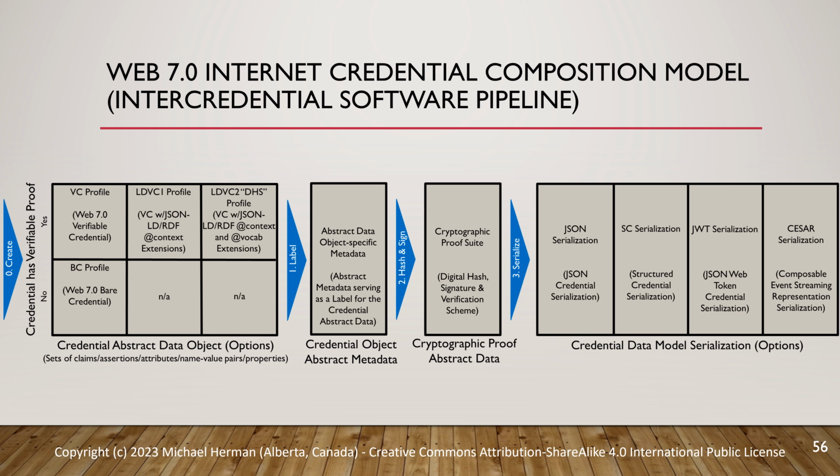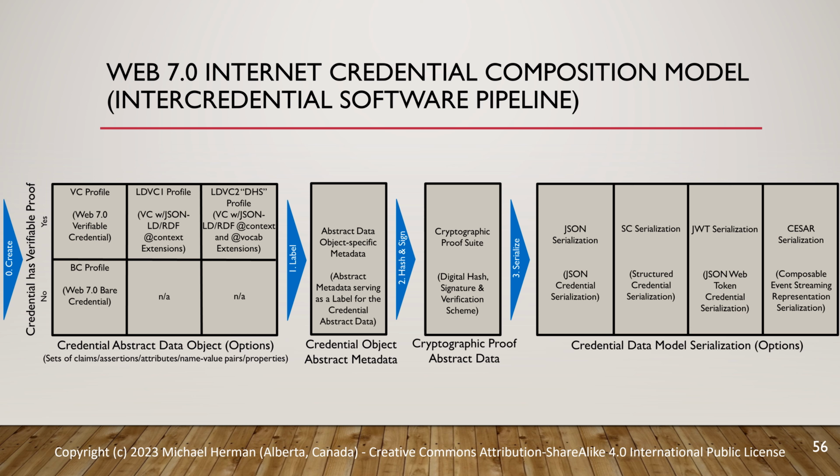There's the JSON serialization. That works both for plain JSON, such as the bare credential profile and the verifiable credential profile. But JSON serialization is also used as a serialization for LDVC1 and LDVC2. Again, as a reminder, LDVC1 and LDVC2 are versions of the verifiable credential that contain extensions for JSON-LD and RDF.